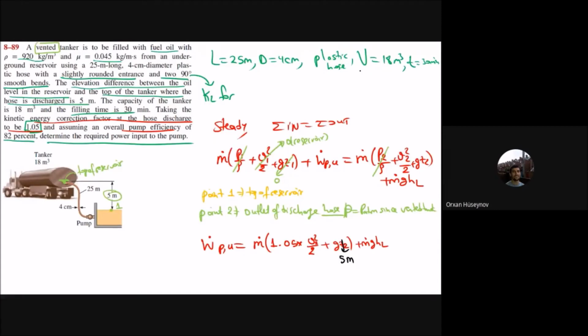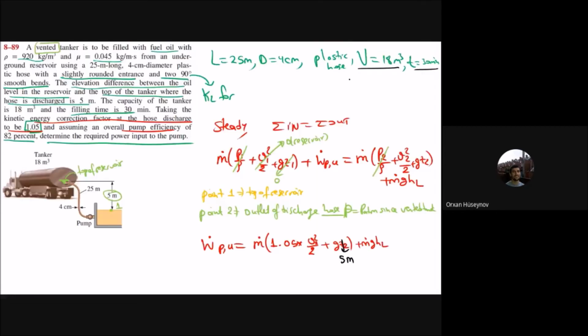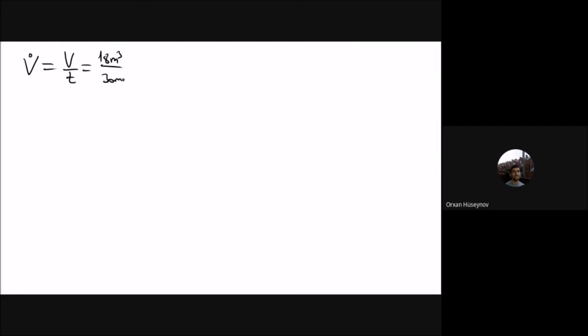Let's find the velocity. The question says that for 18 meters cubed, we need 30 minutes. So V dot will be equal to volume divided by time. For 18 cubic meters, we need 30 minutes, and 1 minute is 60 seconds.